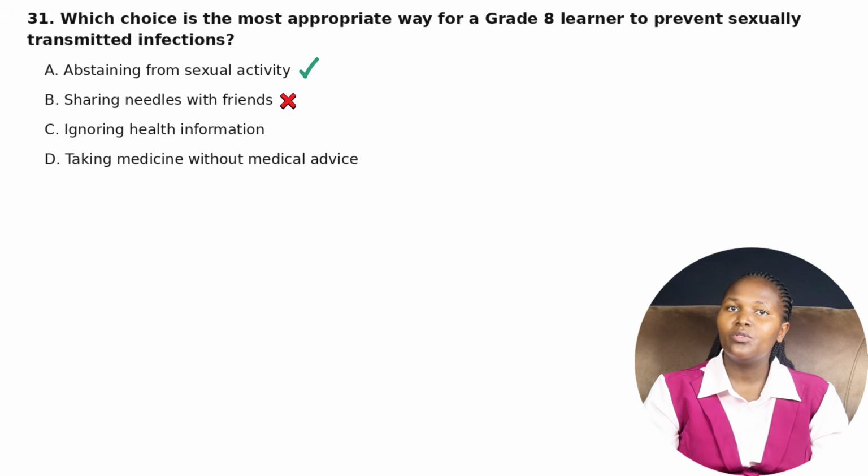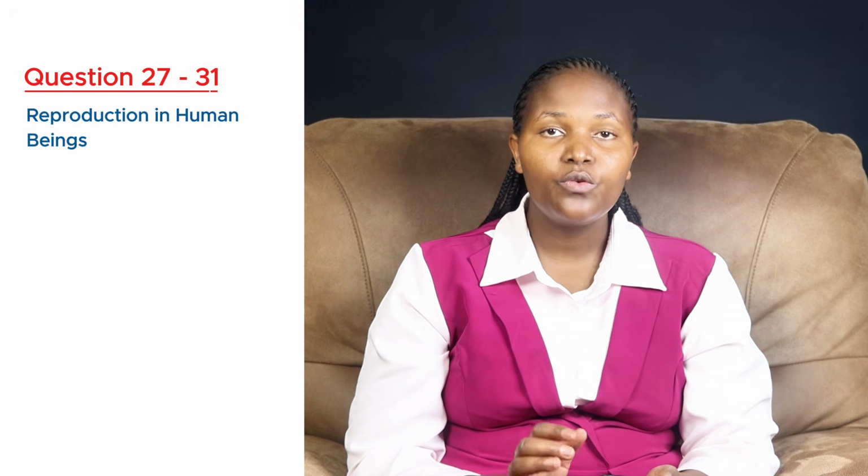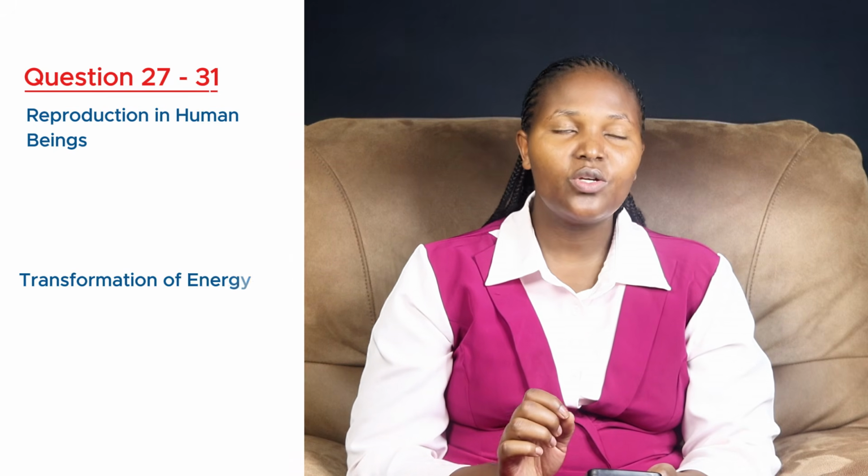Ignoring healthcare information is going to increase risk, so the other options are not correct. Then now with that, we are done with reproduction in human beings. When a question is asked in that topic, even if it is twisted in another way, you should be prepared to handle it. Then now we go to the next heading, transformation of energy.